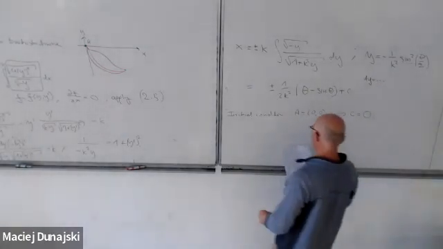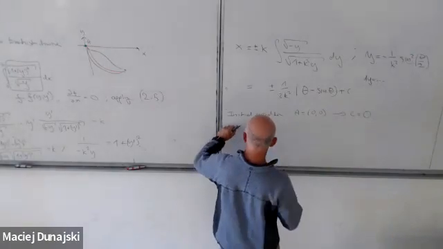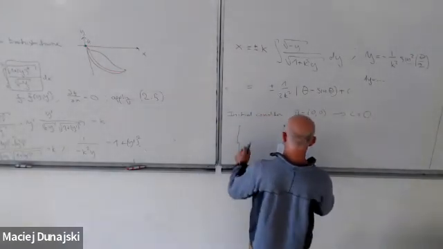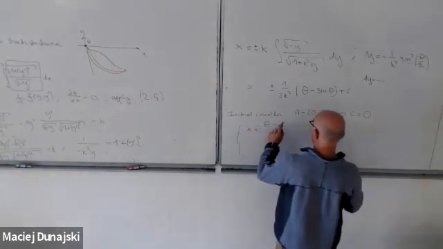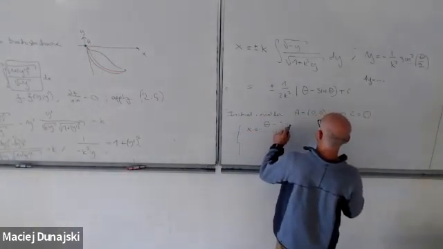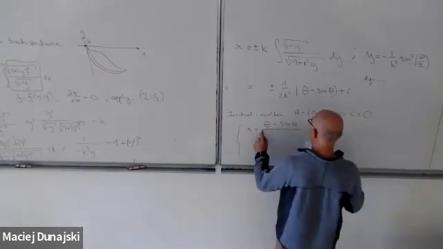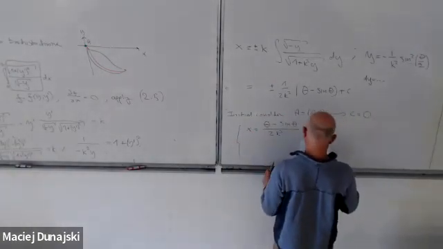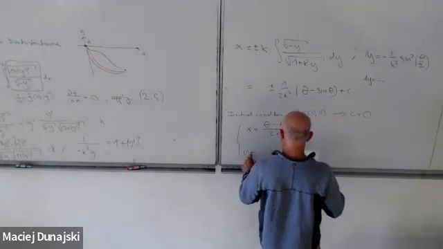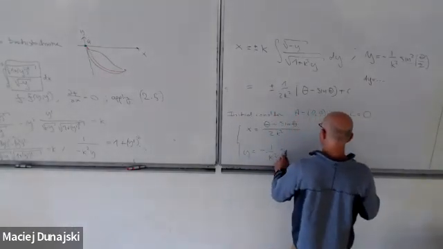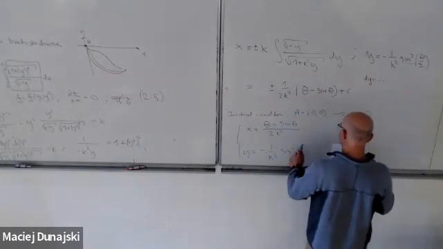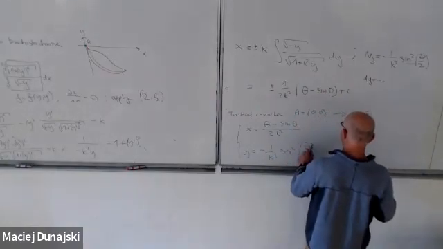Okay, so our final solution is a parametrized curve given by x equals theta minus sine theta over 2k squared, and y equals minus 1 over k squared sine squared theta over 2.